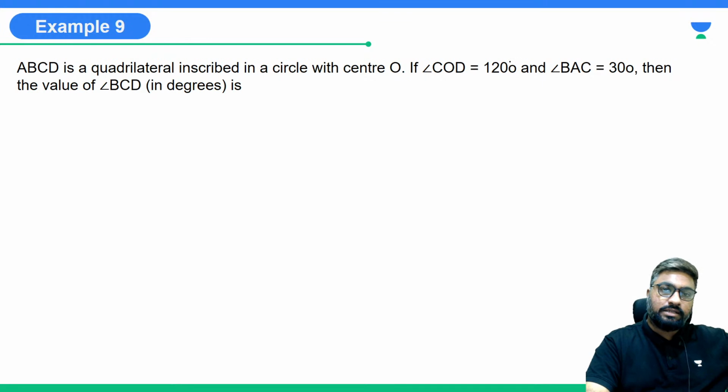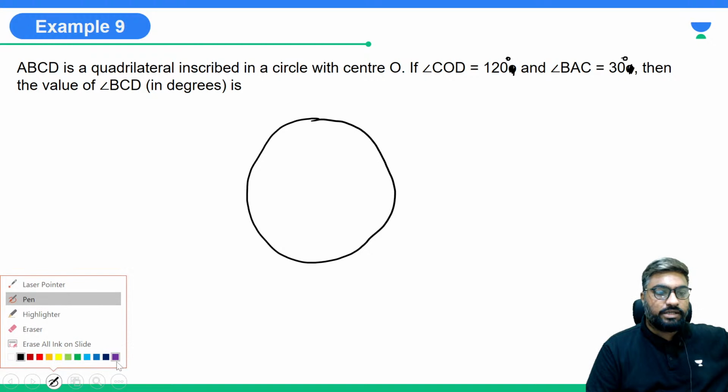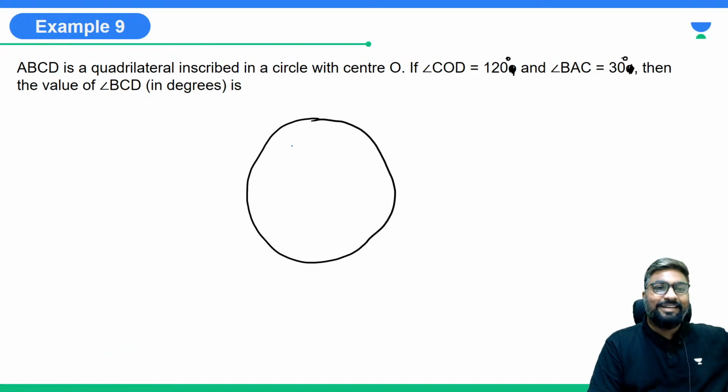ये डिग्रीज है, this is degrees. 120 degrees, 30 degrees. They're asking what is the value of angle BCD. Best possible circle I can draw. So ABCD is a quadrilateral, they're saying, inscribed in this circle.